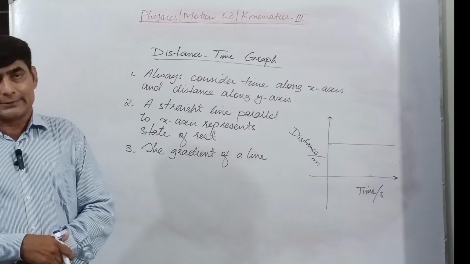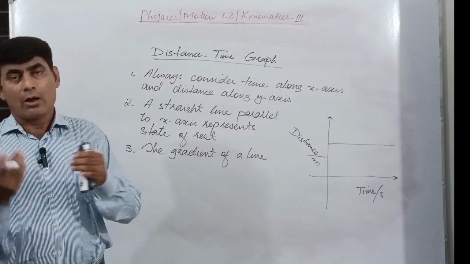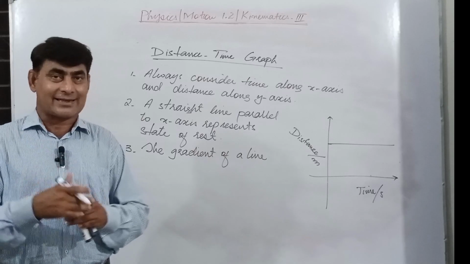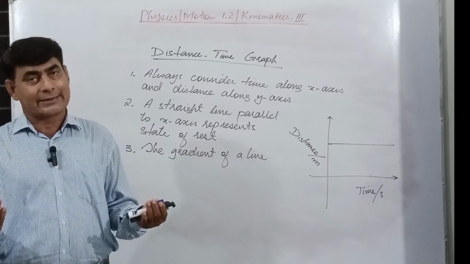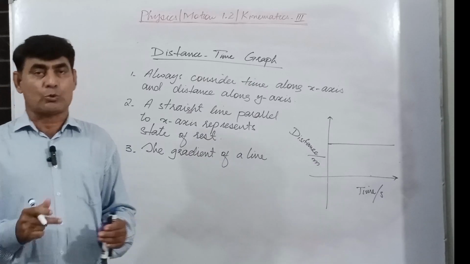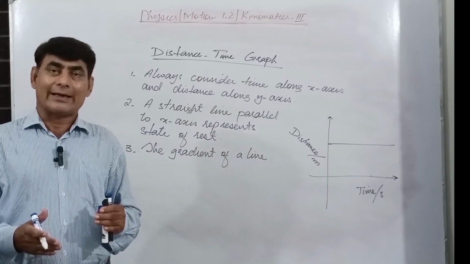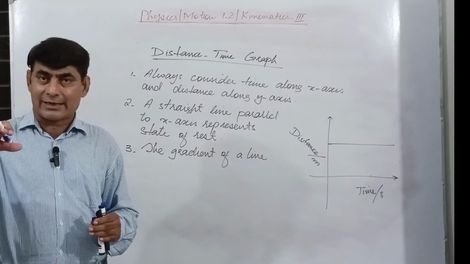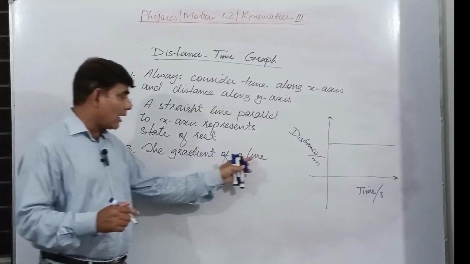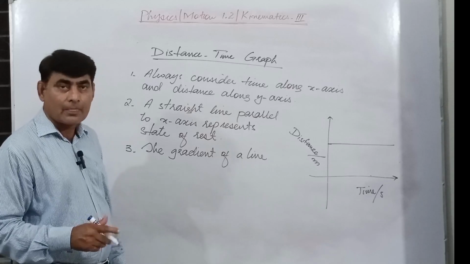So we can calculate the gradient by dividing vertical distance by horizontal distance, and distances can be obtained by taking the difference along the y-axis and along the x-axis. As we know, distance is defined as the difference between 2 points. So the vertical distance is the change y2 minus y1, and the horizontal distance is the change x2 minus x1. Now, the gradient of a line in a distance time graph represents speed.